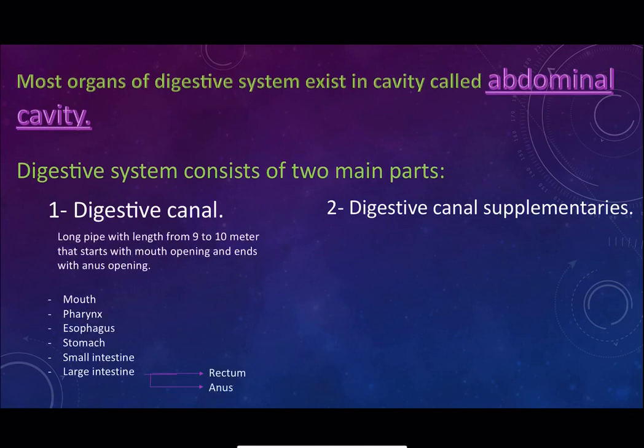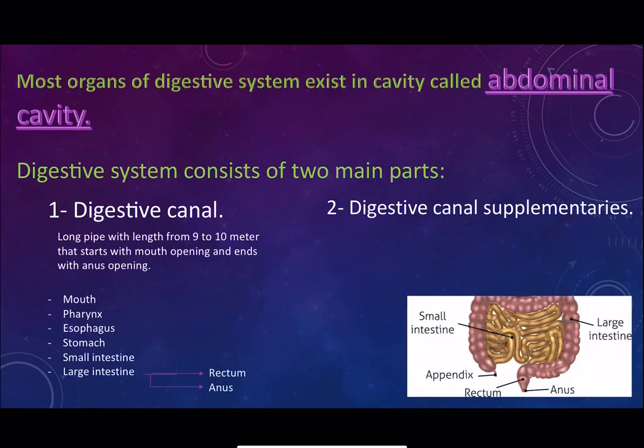They contain organs which are mouth, pharynx, esophagus, stomach, small intestine, large intestine. Okay? To the large intestine, there are two parts that attach, which are called rectum and anus.